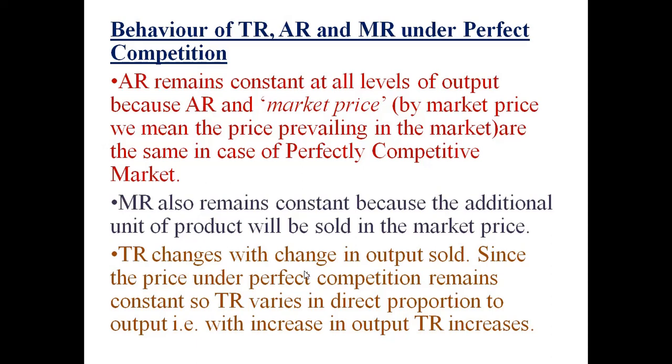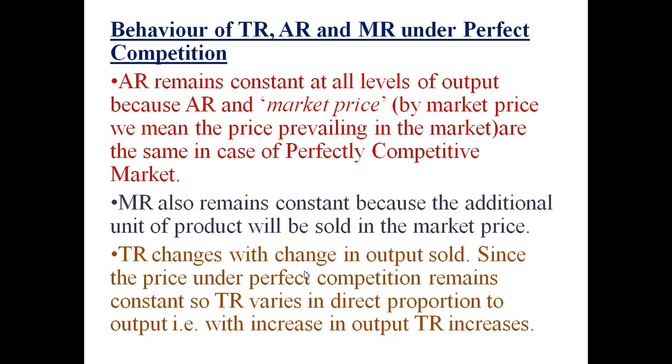By homogeneous we mean the same size, shape, quantity, and quality. And remember, in a perfect competition market, cost is actually the price. Cost of goods sold is actually the price that prevails in the market. So we will discuss that particular situation in great detail afterwards.